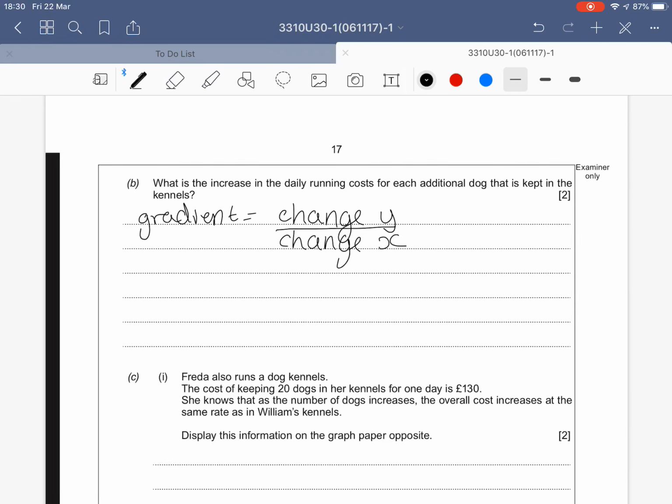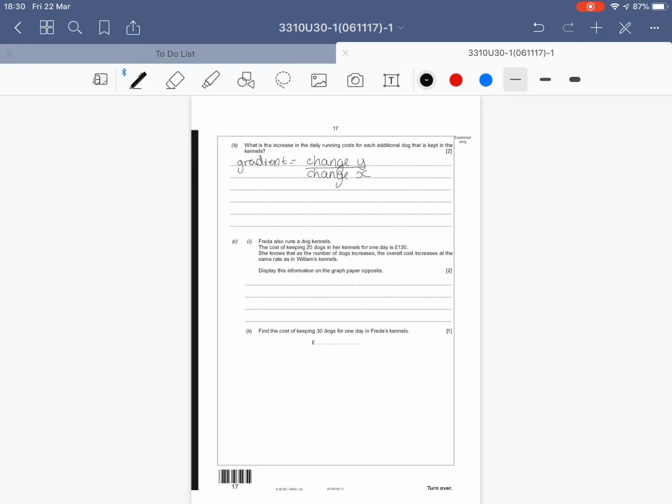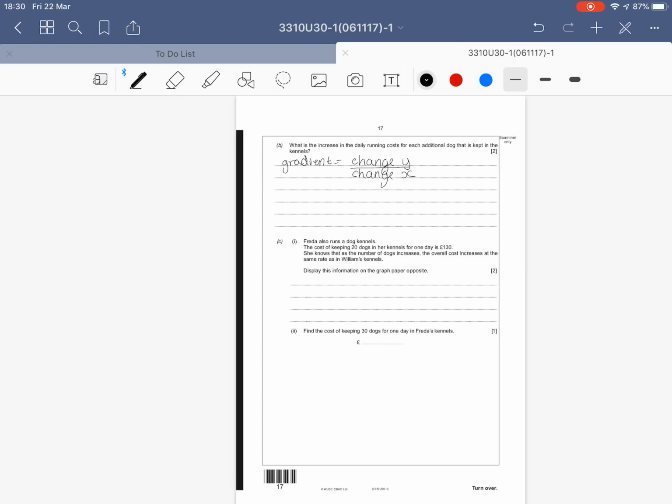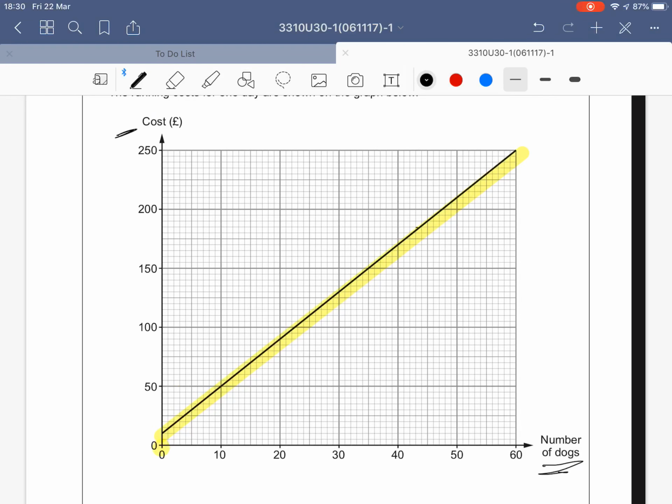So pick two points, easy values, not ones that are out of the way. I wouldn't pick this point because that's hard to read. I would pick a point in the corner of one of the lines, like this point here, which is quite an easy one because that's 10 and 50, and this point here is quite easy because that's 60 and 250.